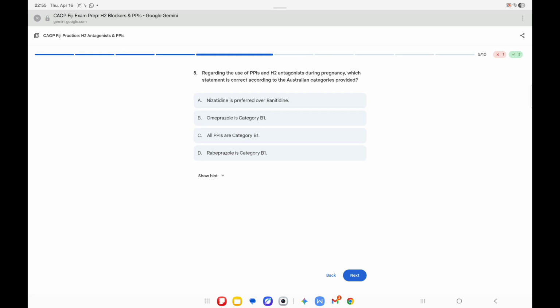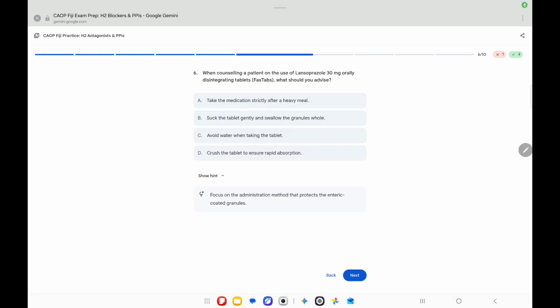Omeprazole is category B1, but let's have a look at the other options. All proton pump inhibitors are category B1, I think so. But yes, rabeprazole is actually B1, and others are B3, but can still be used. Rabeprazole is highly safe in pregnancy. It is right.